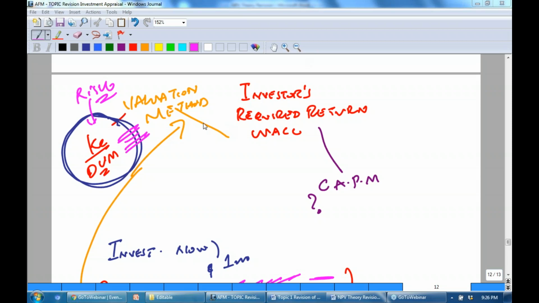And for that particular reason, we work on the capital asset pricing model. The capital asset pricing model is a model from which we calculate the equity holder required return, or even the debt holder required return, with the consideration of the risk.